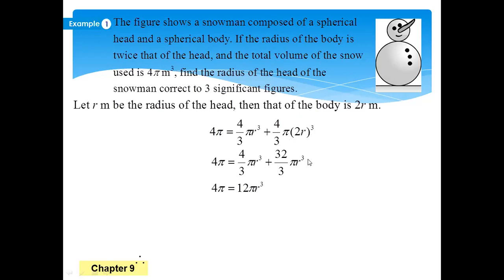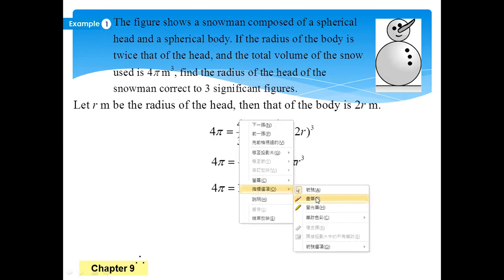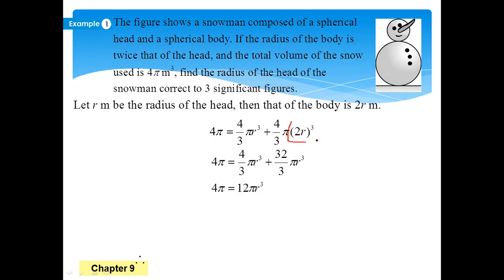Or you may ask, how come this value and how come that value? Here shows you the calculation. First, this one means 2r times 2r times 2r, which is equal to 8r cubed. So times 4 by 8, which is 32.